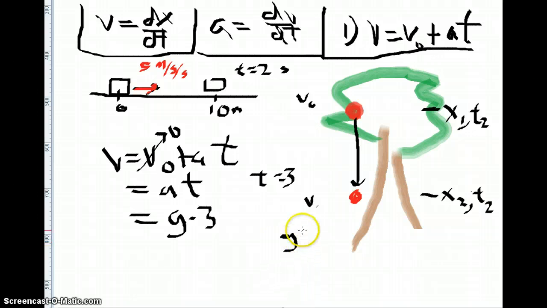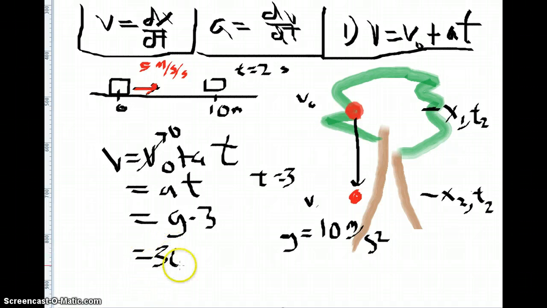And g, acceleration due to gravity, is equal to 9.8 meters per second squared, or one can just round and say it's equal to 10 meters per second squared. That means that the velocity after 3 seconds for this apple is going to be 30 meters per second, 10 times 3.